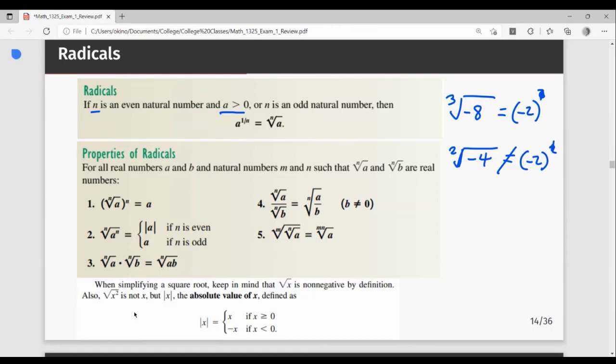And if you look through all these, they really mimic what we have on the exponent side, except for number 2. Number 2 is mentioned up here in our definition of a radical. It mentions that when we take the nth root of a to the n, and n is even, we have the absolute value of a, or just the reverse of this property, that a is positive.